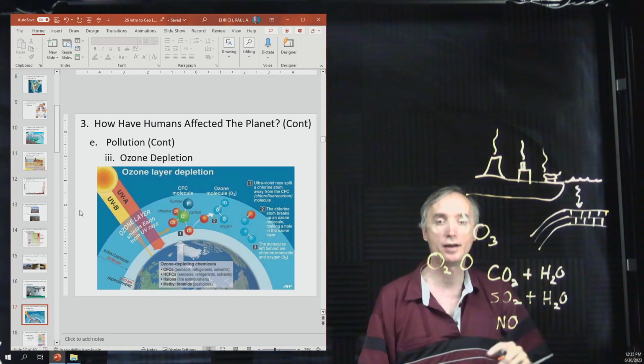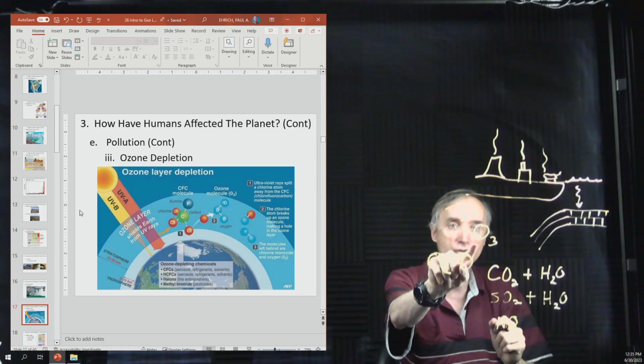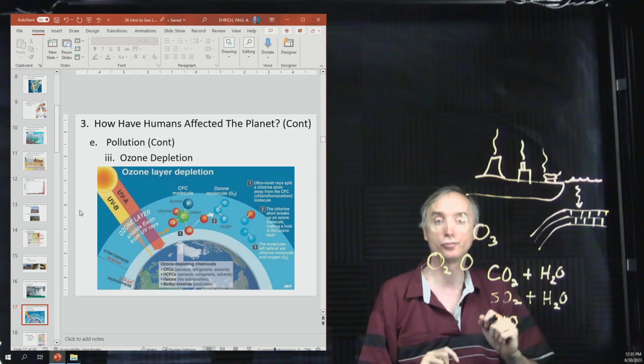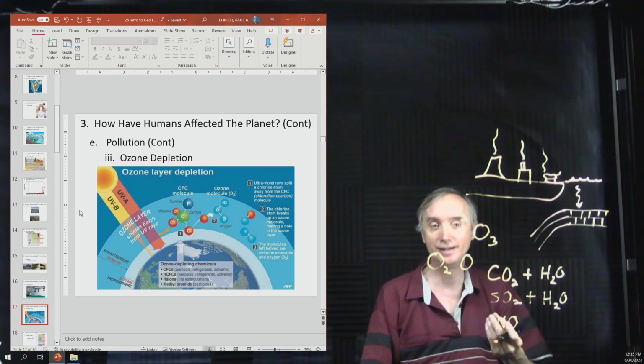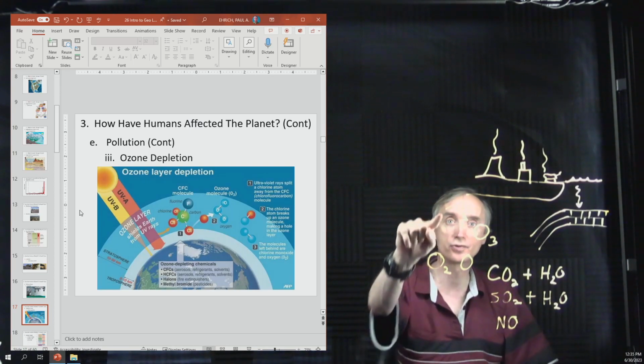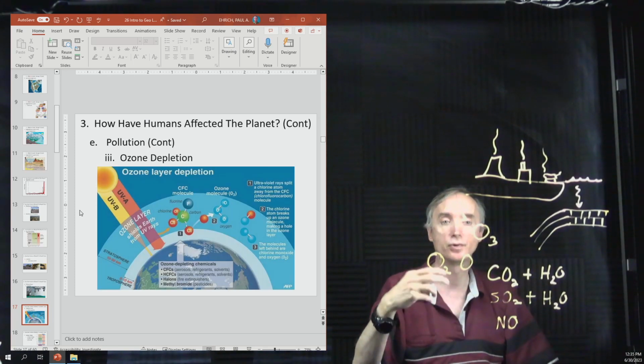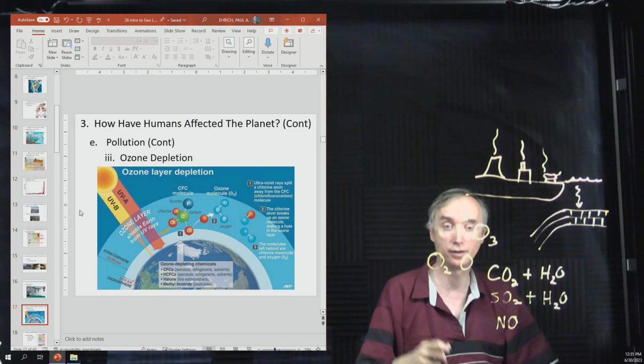And then what can happen is they will go back together again to make ozone, but it will release heat, infrared light. So ultraviolet light, which is dangerous, comes in, and what is released is infrared light, which is ordinary heat.